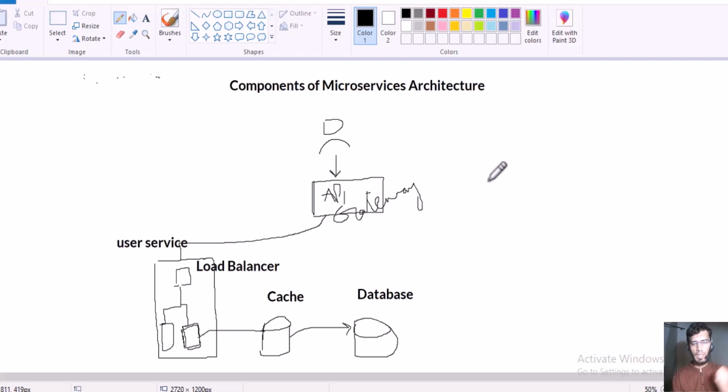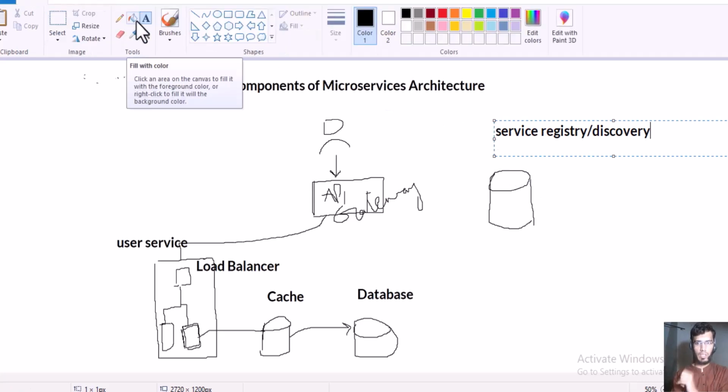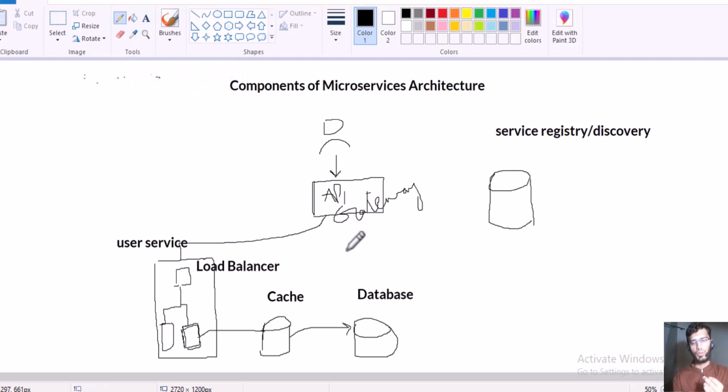It stores the addresses of different services, and when any service needs to communicate with another service, it requests the service registry to give the network address, and then that service is able to make a call to the other service.